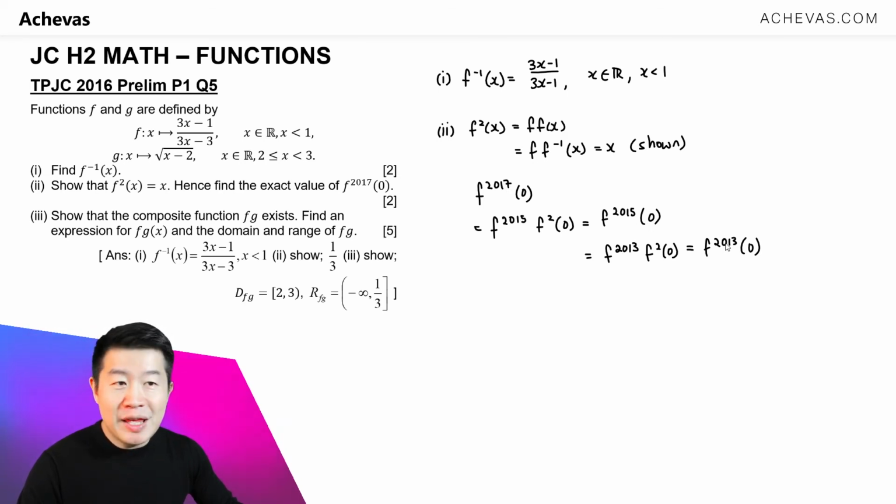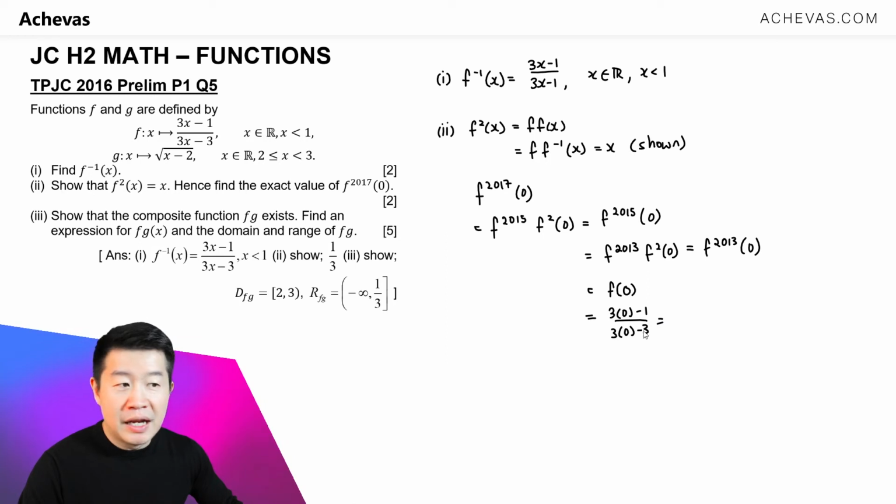So we will just need to keep minusing 2 and I will land up with just an f, since this is an odd number. If I were to just keep minusing 2, we'll be doing a minus 2 for 2016 times. That leaves me with f of 0. And f(0), now we can make use of this. It is going to be 3 times 0 minus 1 divided by 3 times 0 minus 3.